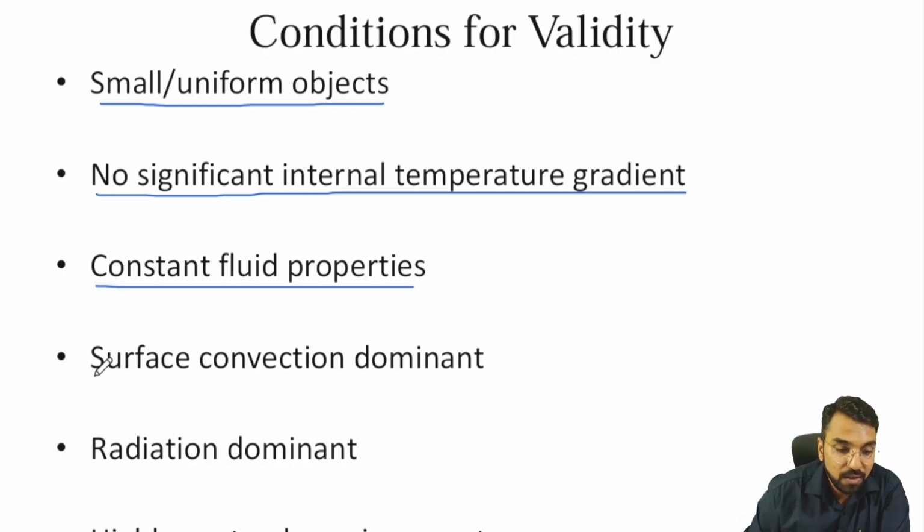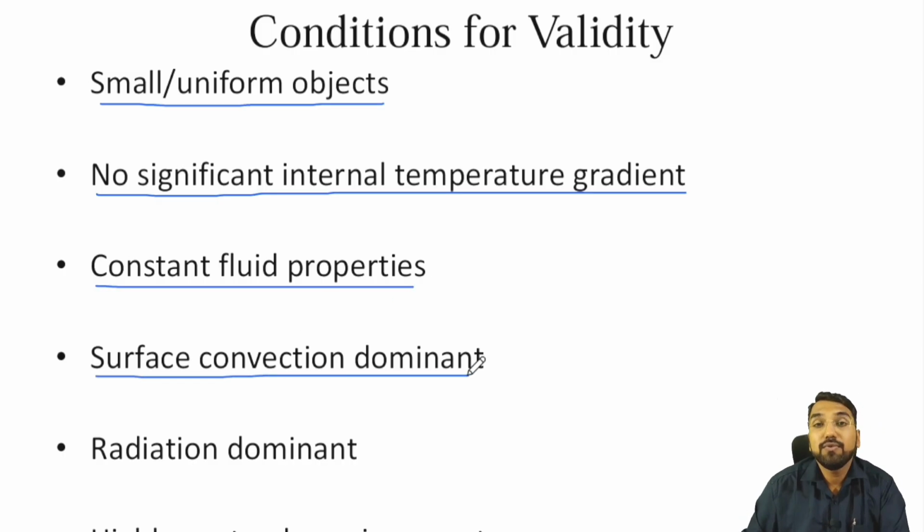Okay, so surface convection is dominant. In Newton's law of cooling, the surface and the convection due to this surface is the dominant phenomenon.